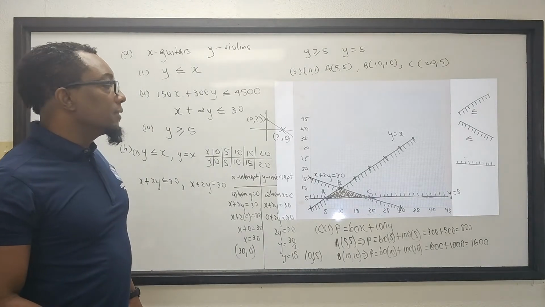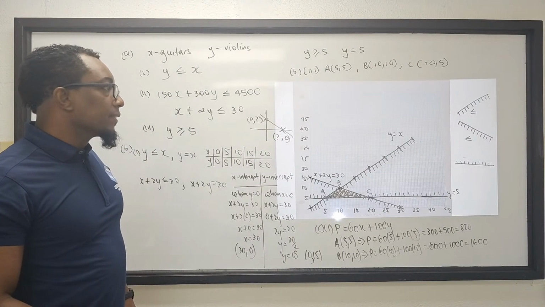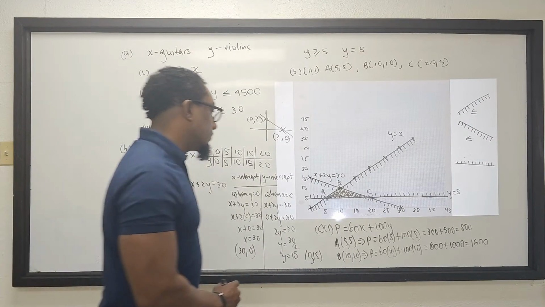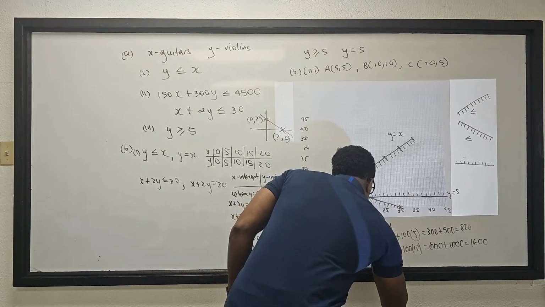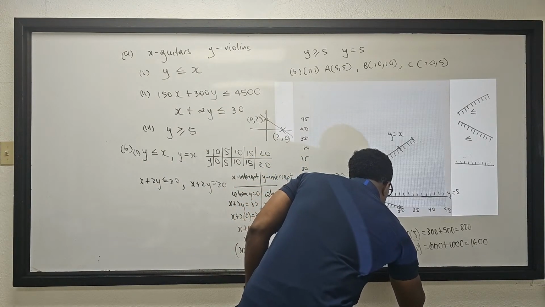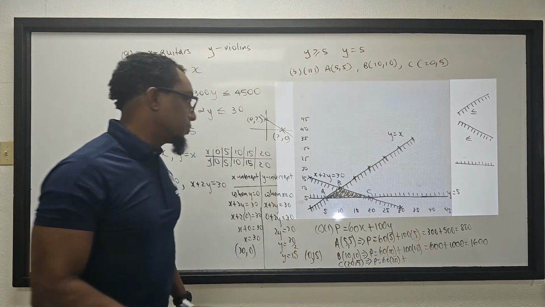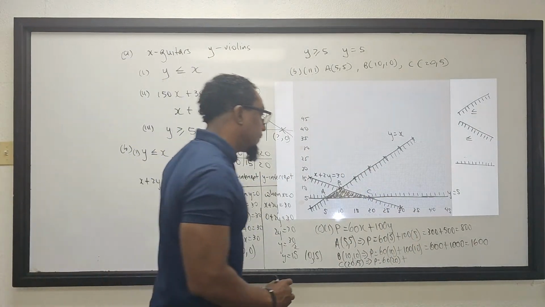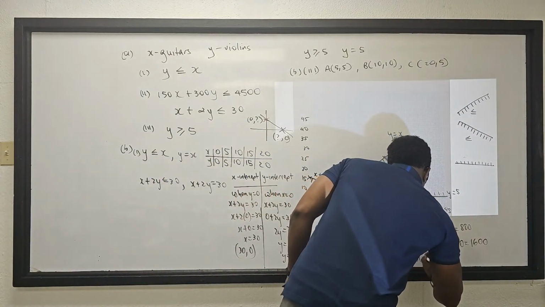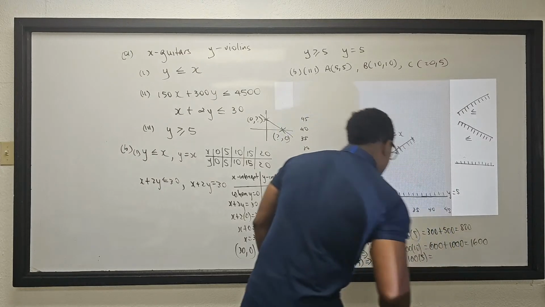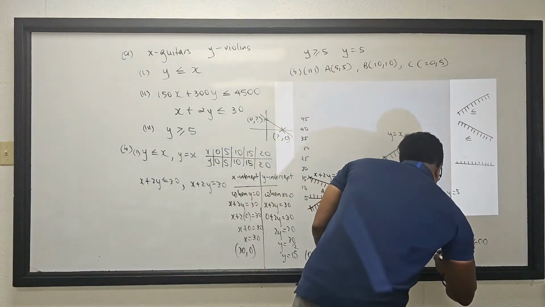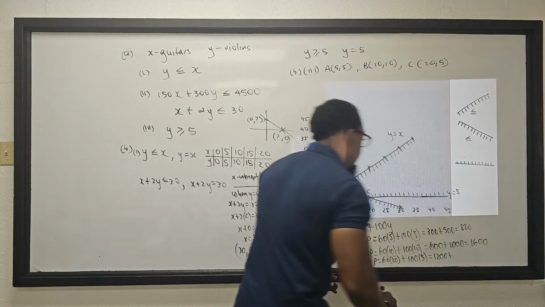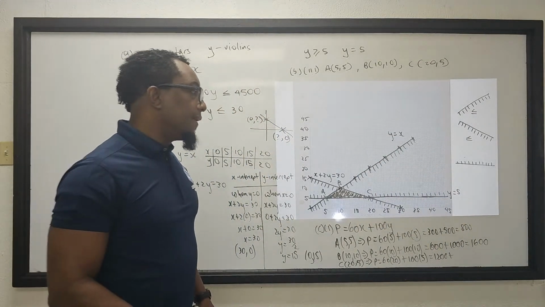And when it is 25, which is C, what we want to get? C, 25, our profit will be 60 times 20 plus 100 times 5. 60 times 20 will be 1,200. And 100 times 5 will be 500.